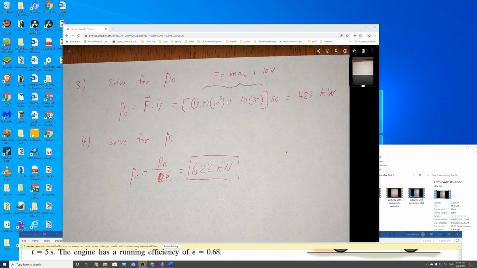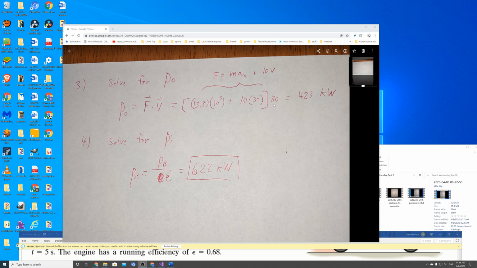We know what ax is, which is our constant acceleration, and we know what m is. And here's our 10v, because we found our velocity. This was our 6 meters per second squared, and this was our mass that we had defined.